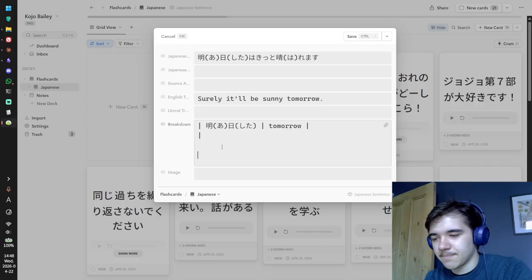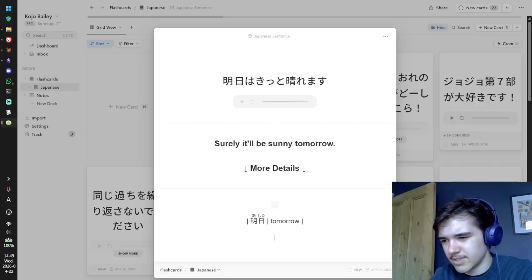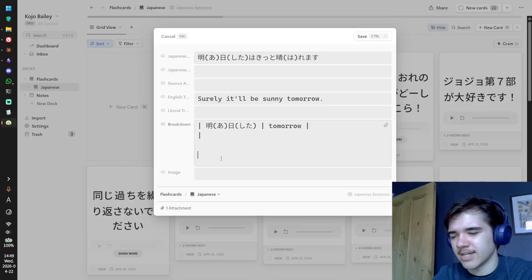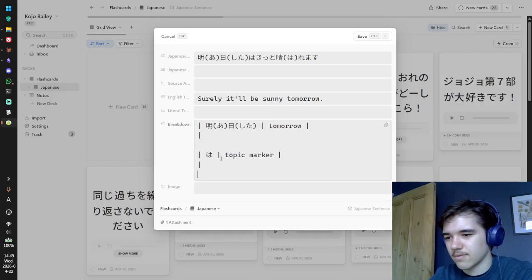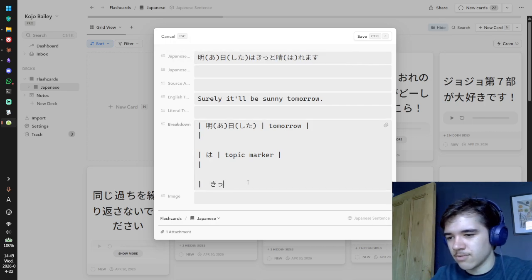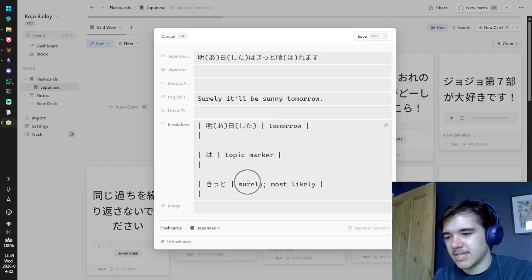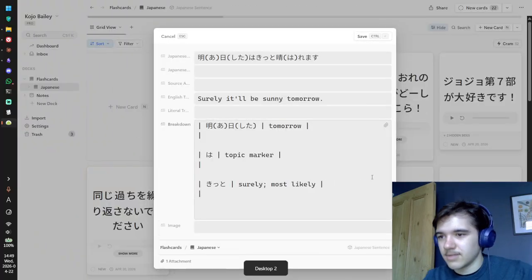Wa is our topic marker. How do I do that? Is it Control Enter? No, that's save. Shift Enter does that. Okay. Yeah, topic marker. Kitto is surely or most likely. Being most likely and surely, they're quite different in English, but you know the context.